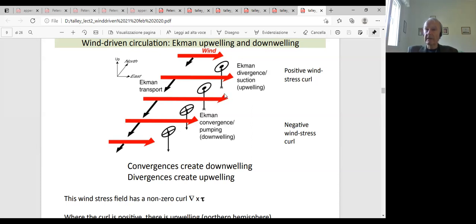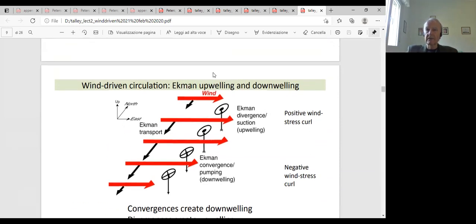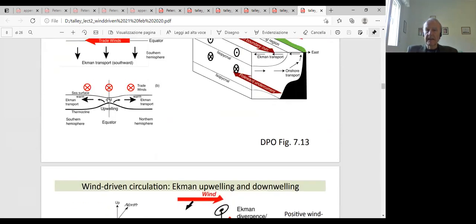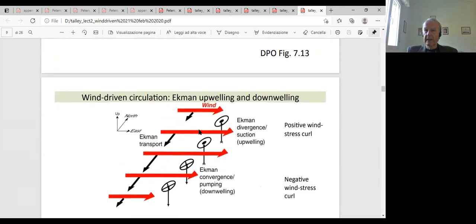So if the wind curl is positive, we have the upwelling, the Ekman divergence, and we have the suction. This sucks the deeper layer water into the surface water. So you have a similar situation to what you had here at the equator, upwelling.